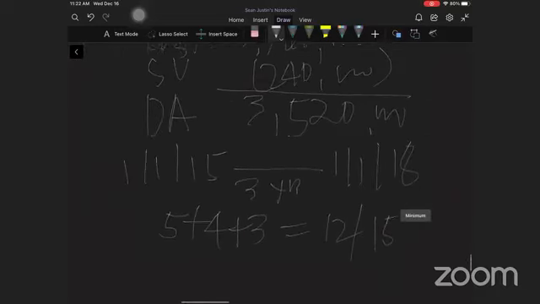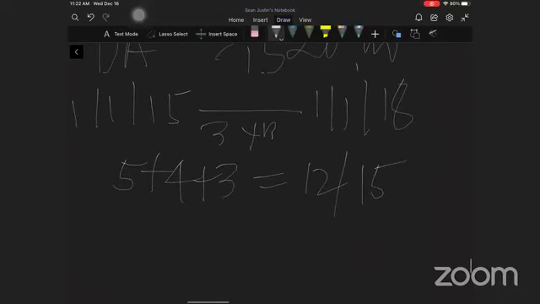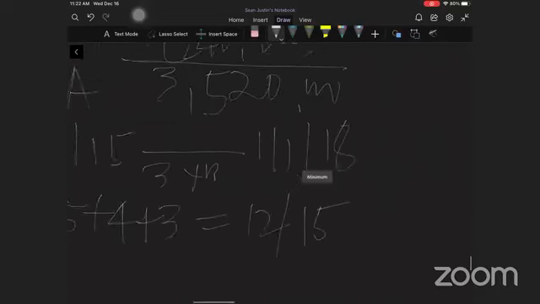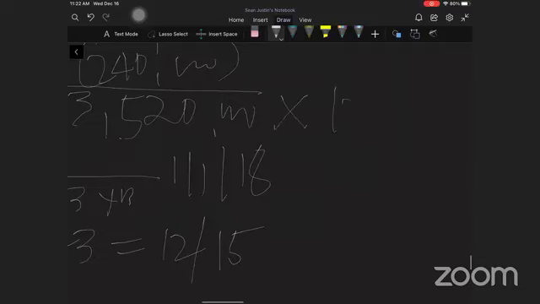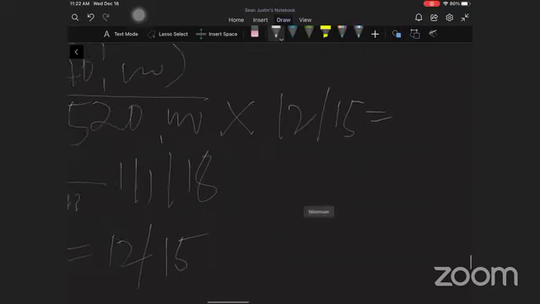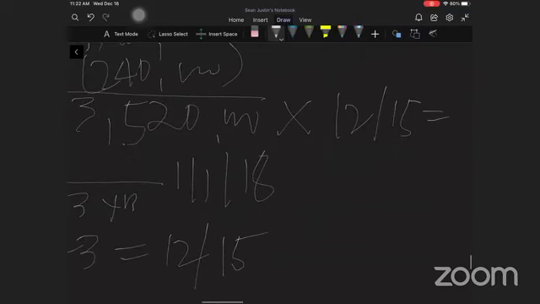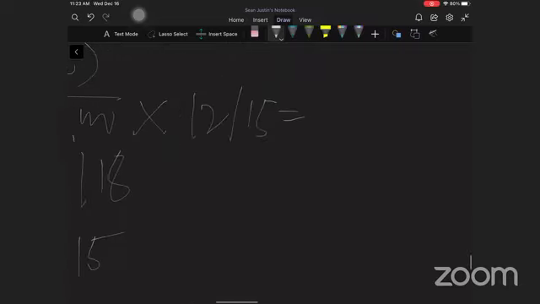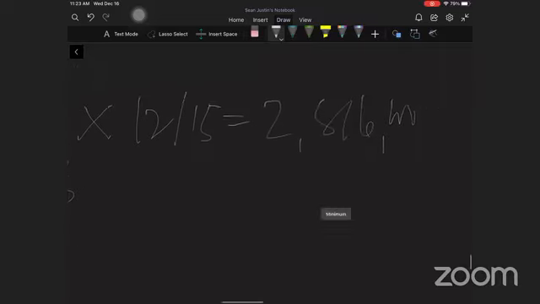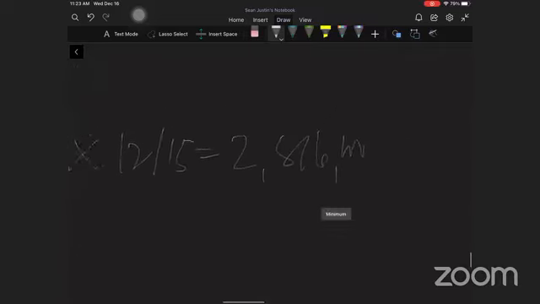So the depreciable amount of 3,520 times 12 divided by 15 is 2,816,000. Therefore, that is your accumulated depreciation at the end of the third year, December 31, 2017.